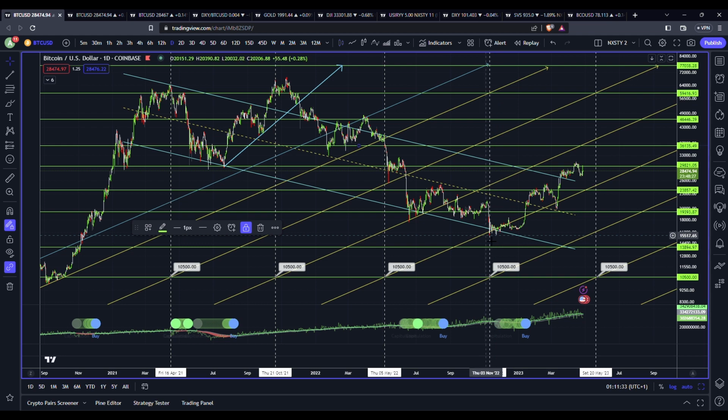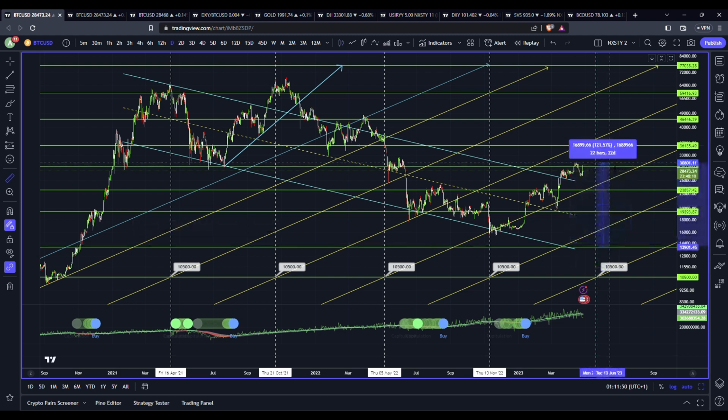So overall, from this event to the next, which is this one, which is not finished yet, we already got almost 100%, roughly a 99% pump.